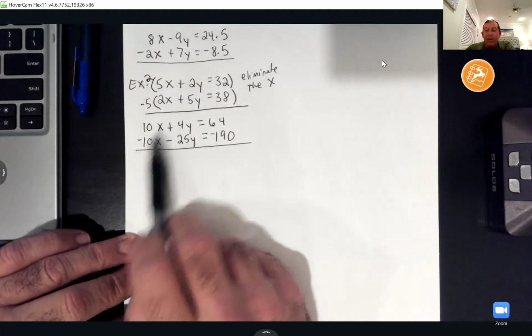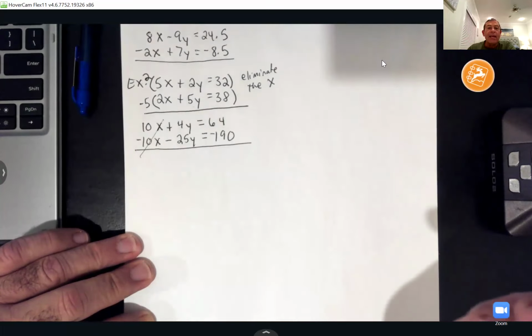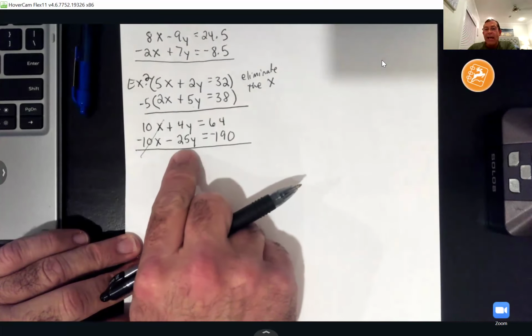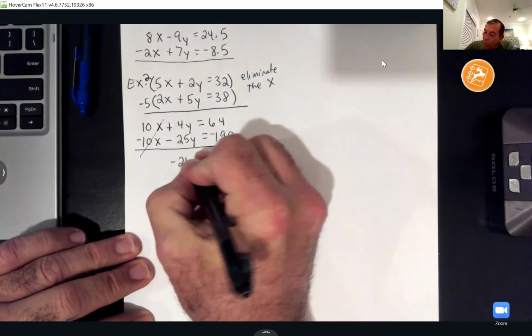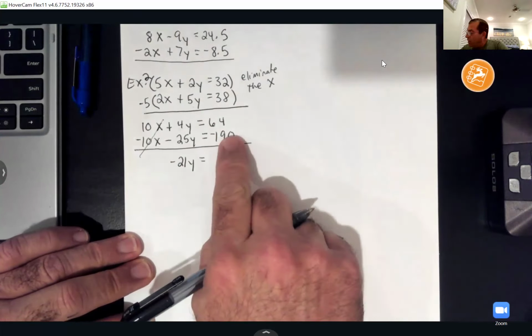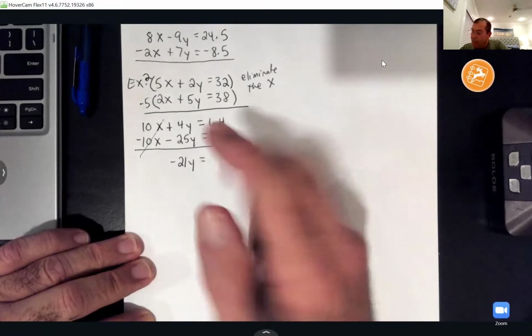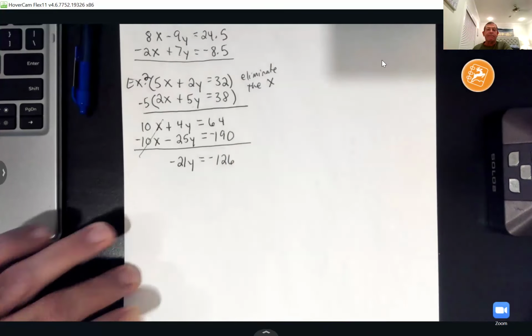But I now got what I needed to happen. The 10x and the negative 10x are going to cancel. So negative 25 and 4 gives me negative 21y. And then negative 190 and 64 give me a negative 126.